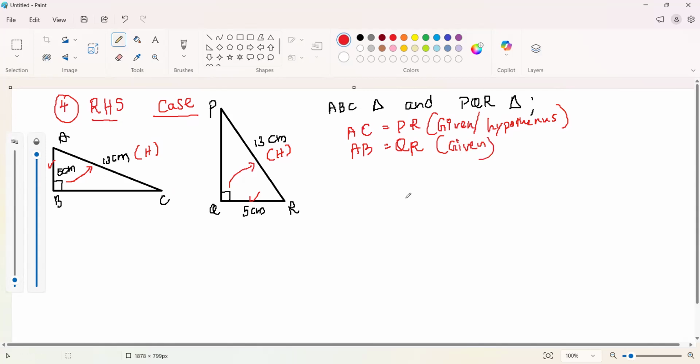So two things: the hypotenuses are equal to each other and another side is equal to each other. So you can write ABC triangle congruent to PQR triangle. What is the case? RHS case, right angle hypotenuse case. Is that okay? You can write it as right angle hypotenuse case. The fourth case. Can you write, please? Write it.